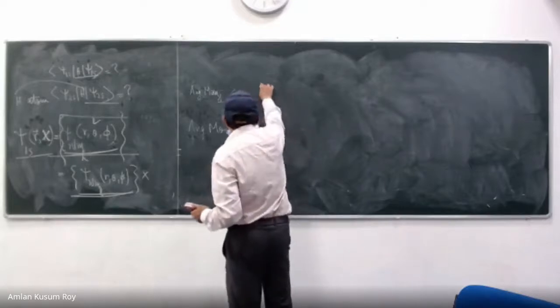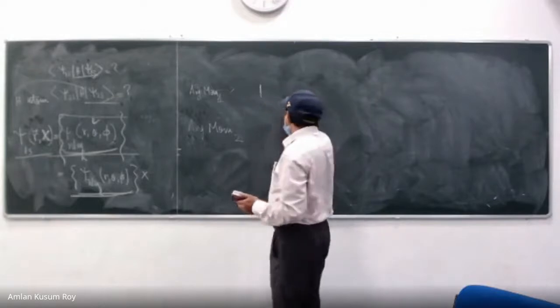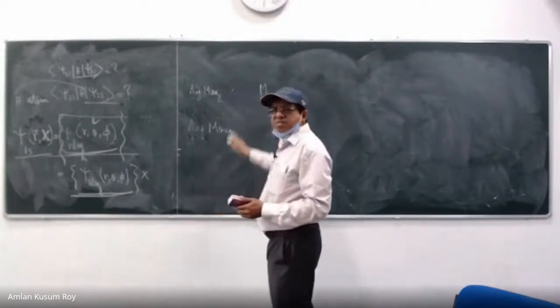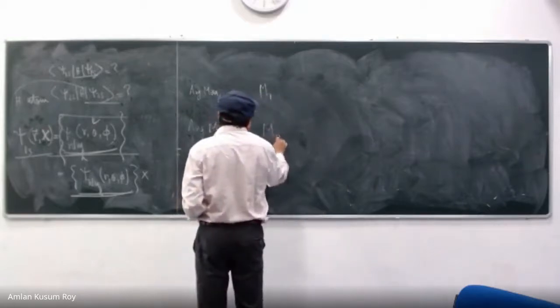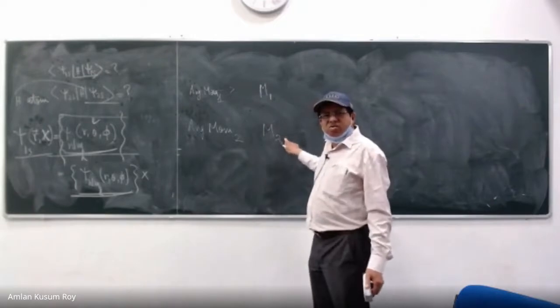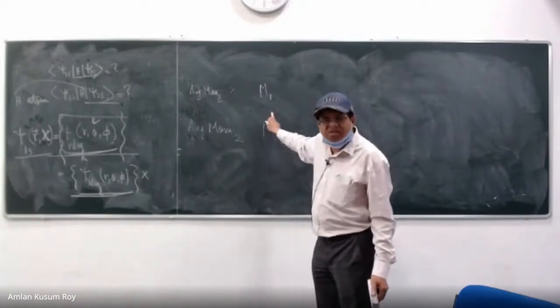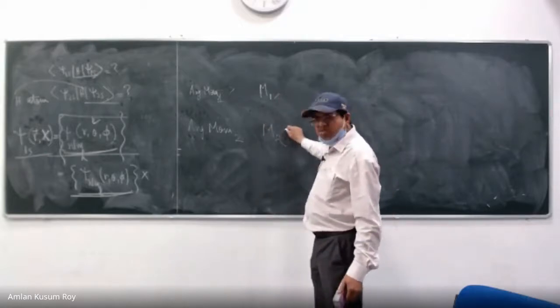But when I am talking about the addition, I must make it general. So I give the angular momentum the symbol m1. It can be L or S. And m2. This 1 and 2 is not saying electron 1 and electron 2. It is just saying that there are two angular momentums. This is angular momentum 1, this is angular momentum 2.